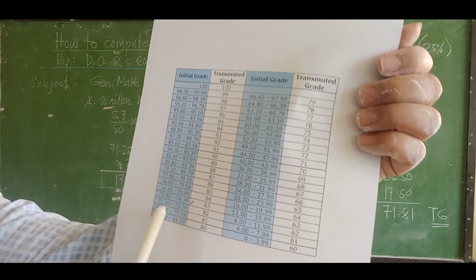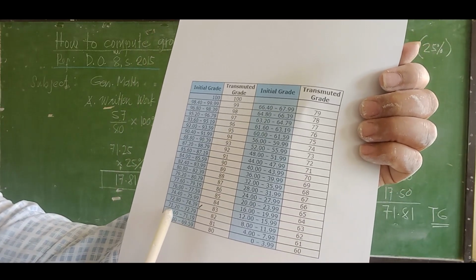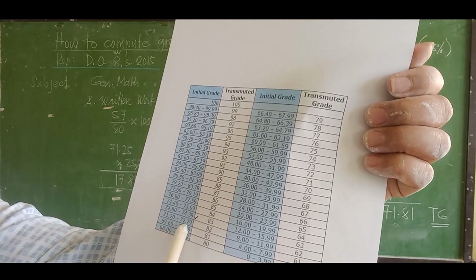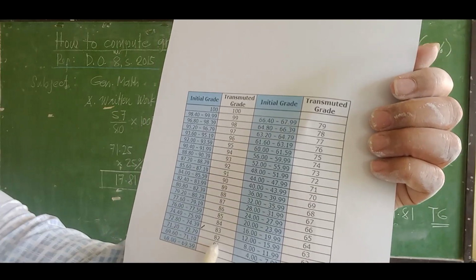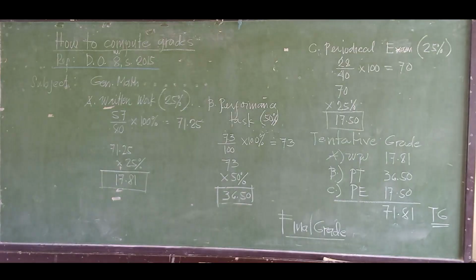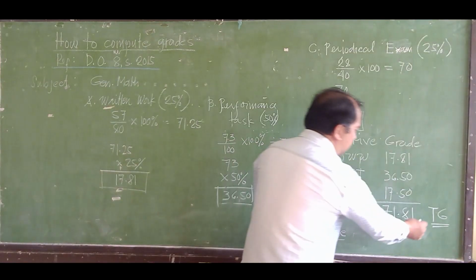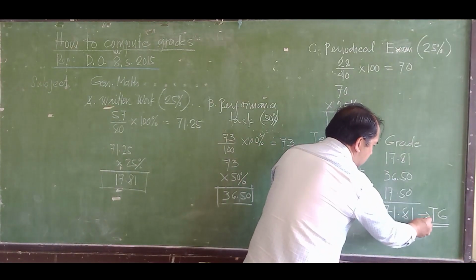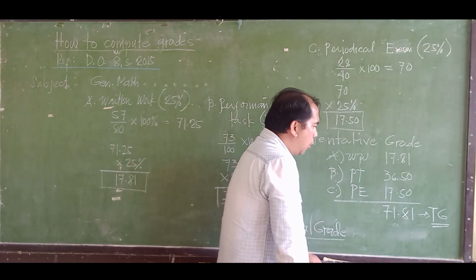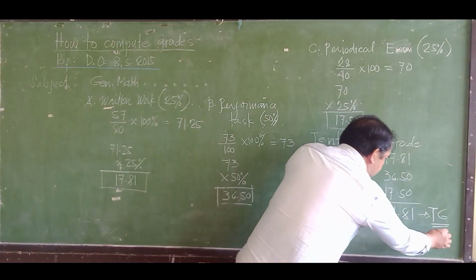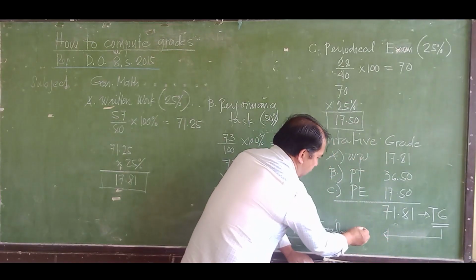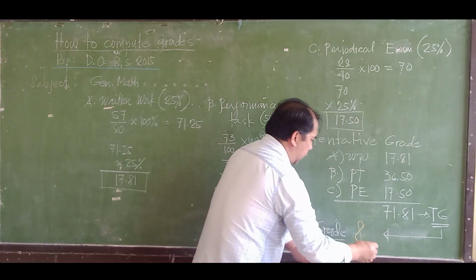So it will fall under 71.20 to 72.75. So the actual grade is actually 82. So the transmuted grade of 71.81 is the final grade, which is the same as 82.